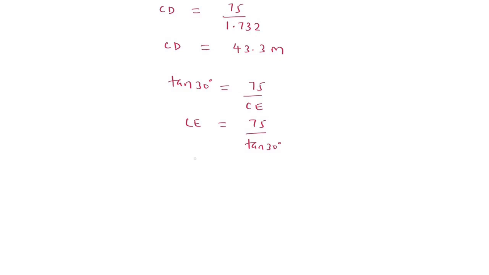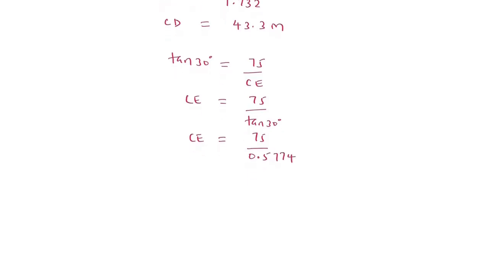So let us apply this value into our formula. We are going to have CE equals 75 over 0.5774. Solving this, we are going to have CE equals 129.9 meters.